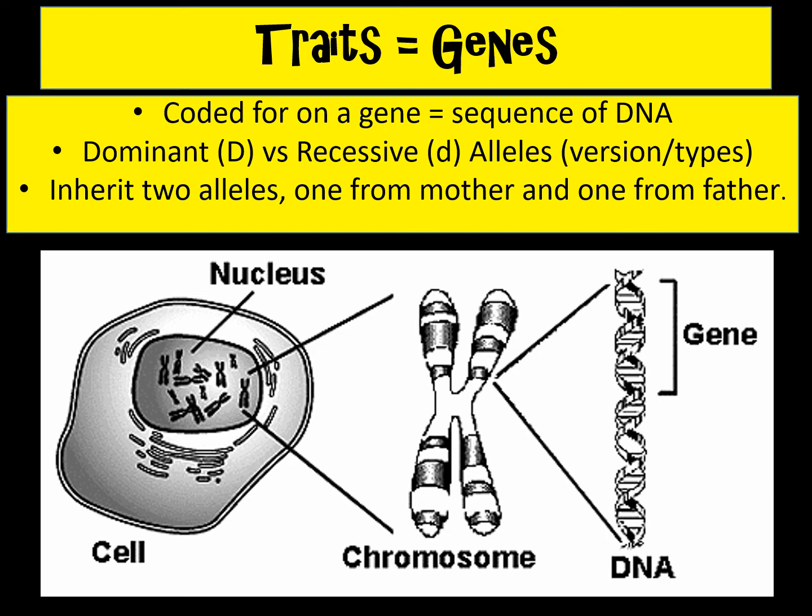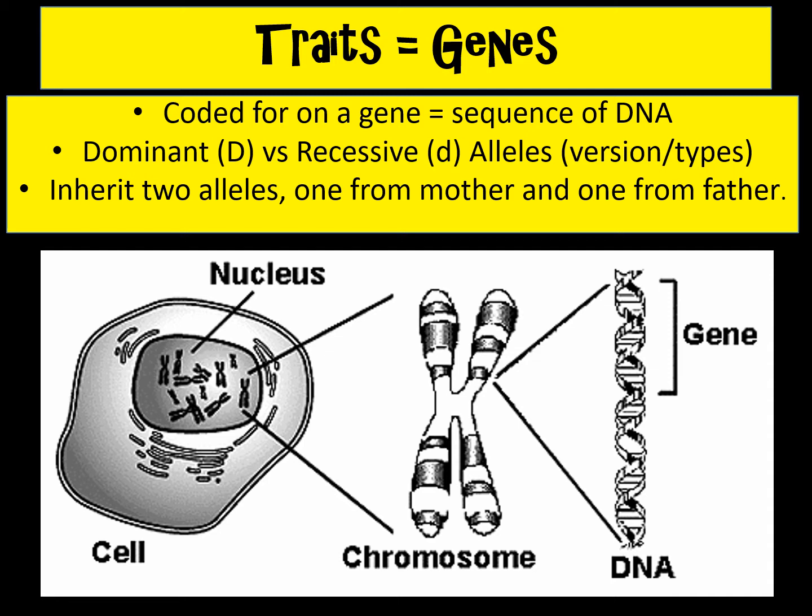On these genes, there can be different versions, okay? And these different versions are what we call alleles. And depending upon what you inherit from your parents, they can either be dominant alleles or recessive alleles. So sometimes you get the dominant versions of the gene, and sometimes you get the recessive versions of the gene.